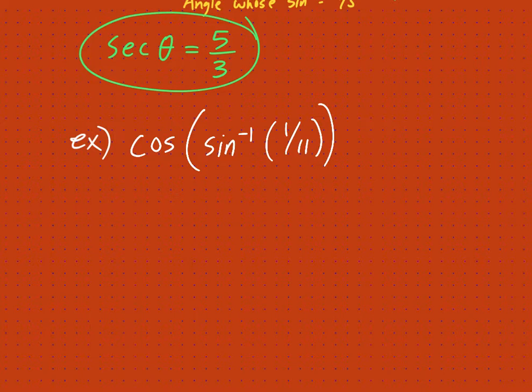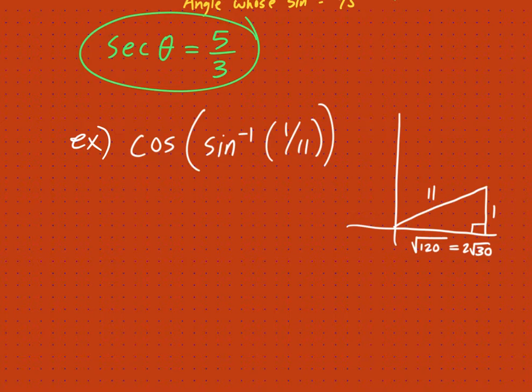Okay. Now this one's not going to be a nice Pythagorean triple 3, 4, 5 situation, so you're going to have to work with the square root. Okay, so remember, this expression means the angle whose sine is 1/11.